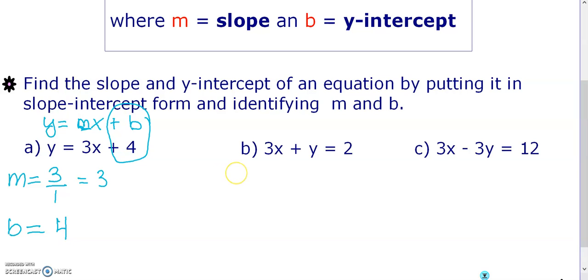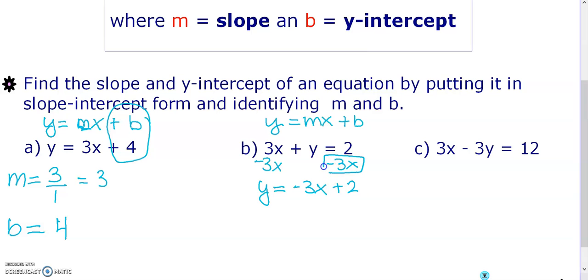For letter B, it's not in slope-intercept form, right? I'll go ahead and write it down. Does it look the same way? No, it doesn't. I have 3 x's over here. They shouldn't be there. They should be on the other side. So we're going to go ahead and subtract 3 x's on both sides. And if you recall, when we were learning this in solving literal equations, we always put the x term first.